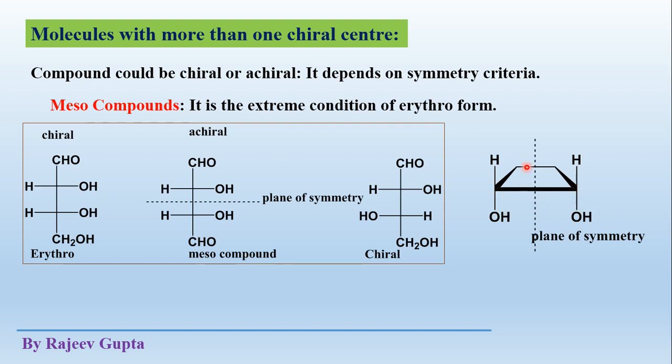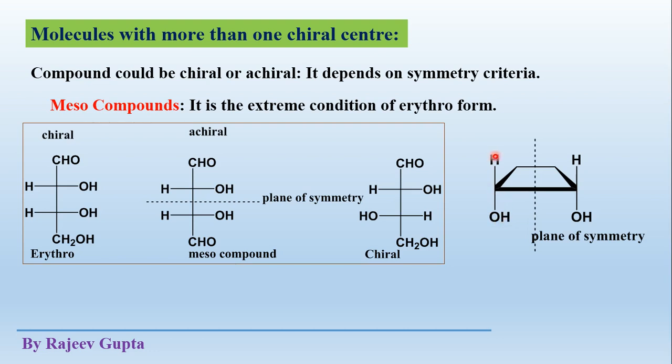But this half portion of the molecule is a mirror image of this half portion where a plane of symmetry is present. So this molecule is also optically inactive or achiral, or it is a meso compound because of presence of two chiral centers and a plane of symmetry. Okay, if we prepare its trans isomer, a geometrical isomer where these OH groups are anti to each other.